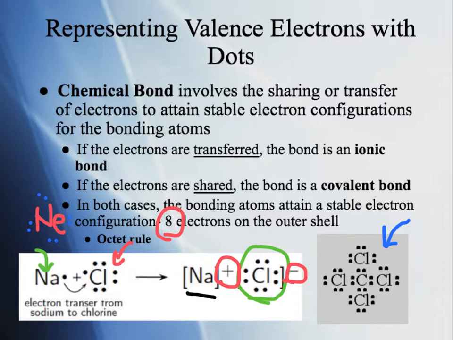If we take a look, carbon in the middle has 8 electrons surrounding him, and each of the chlorines on the outside also have 8 electrons around them. So everybody has the stable 8 electrons in the outermost shell, and that makes a nice stable covalent bond in this molecule.